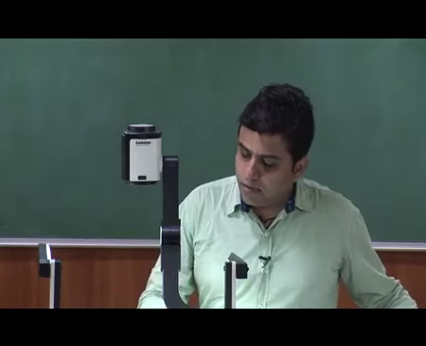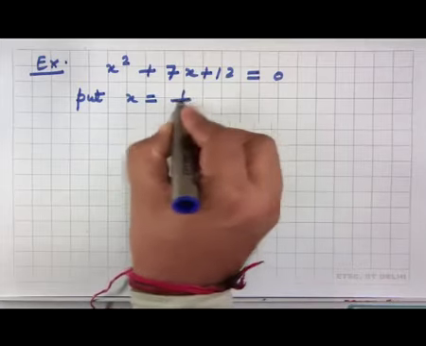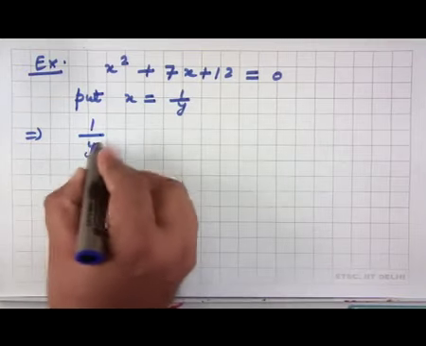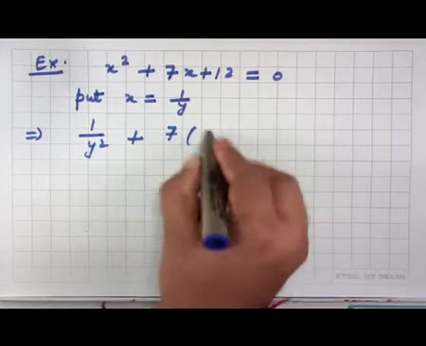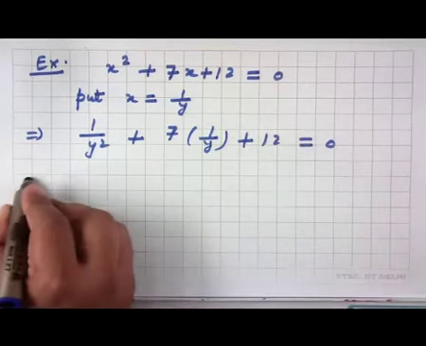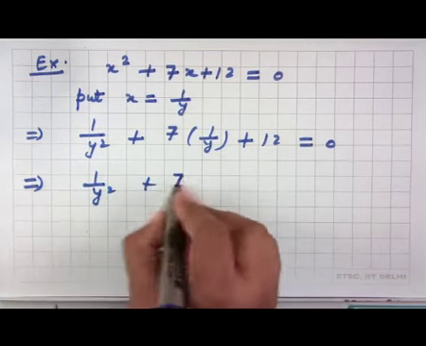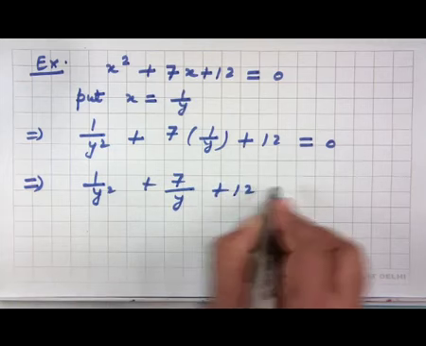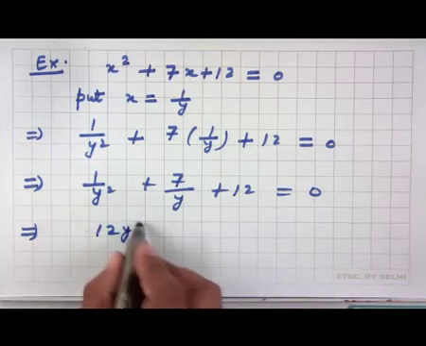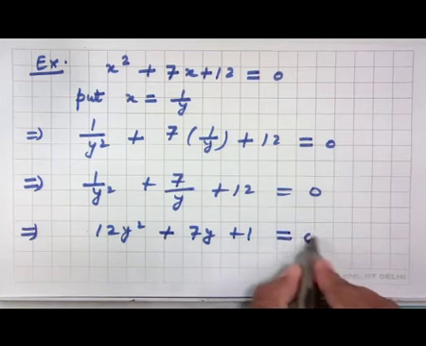So, we will put x equal 1 over y. Now, the equation will be (1 over y) square plus 7 times 1 over y plus 12 equal 0, that is 1 over y square plus 7 over y plus 12 equals 0. After multiplying by y square, it will be 12y square plus 7y plus 1 equal 0.